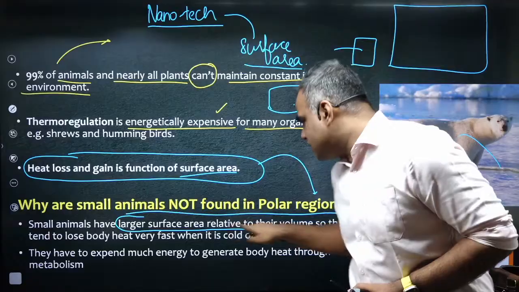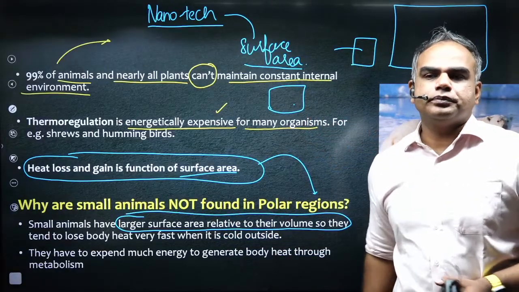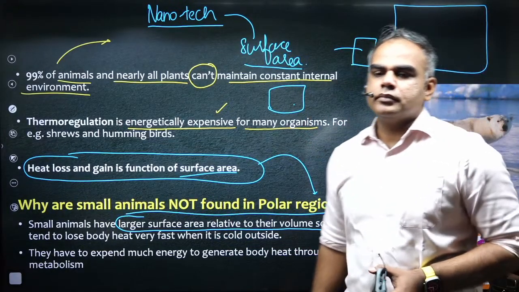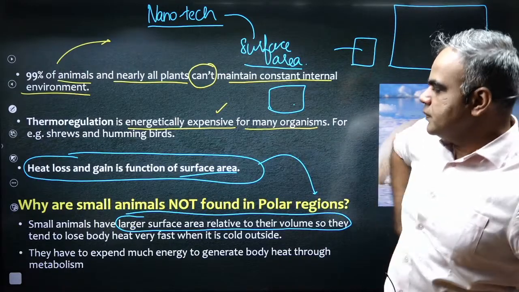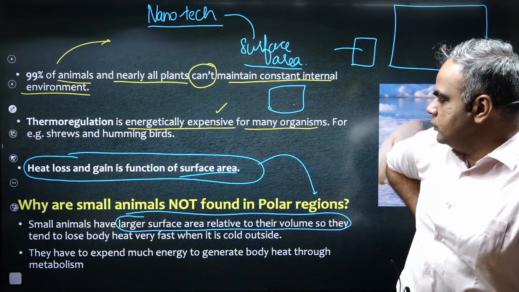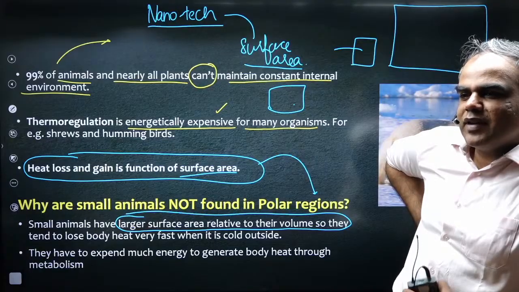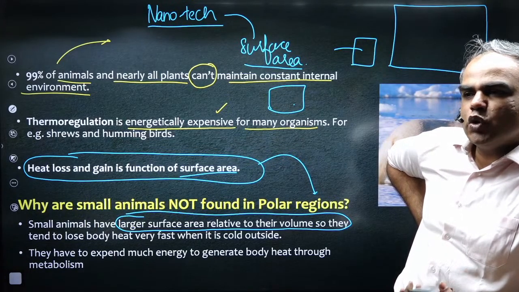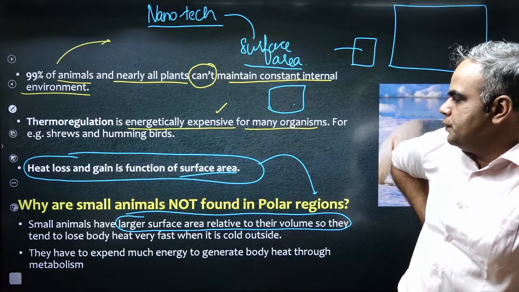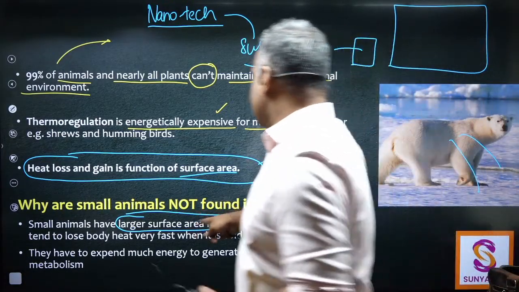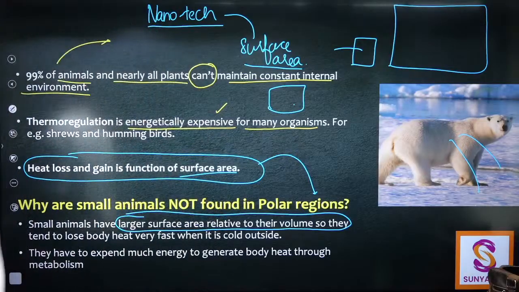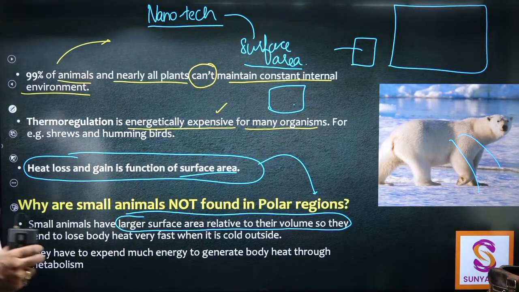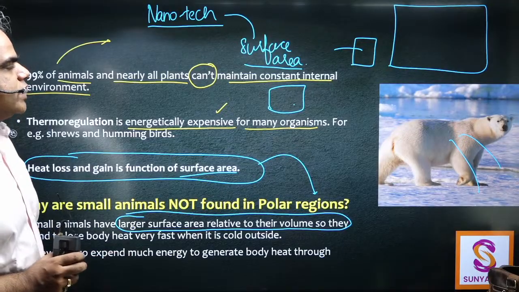That is why the word relative is written. Relative means in relation to. Small animals have a larger surface area relative to their volume. Main point is this. That is why they lose more heat.